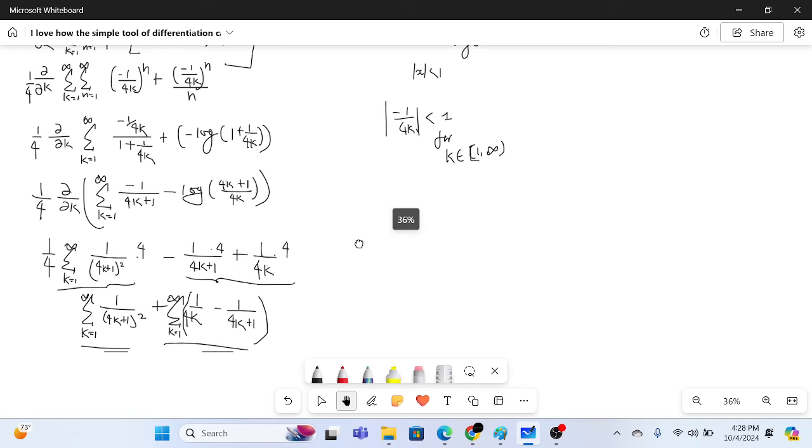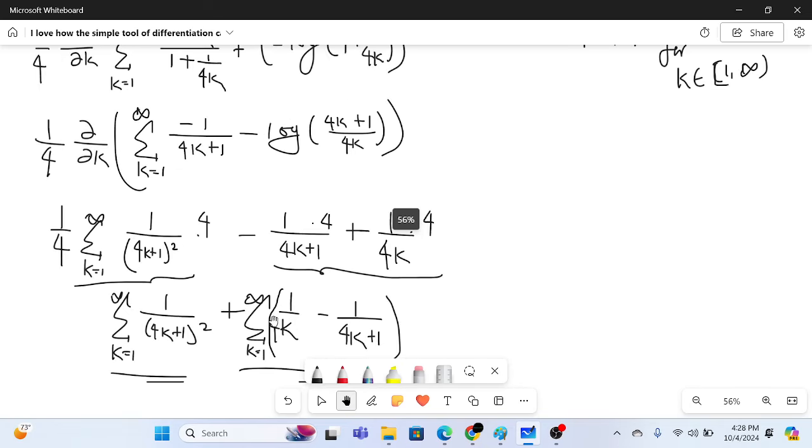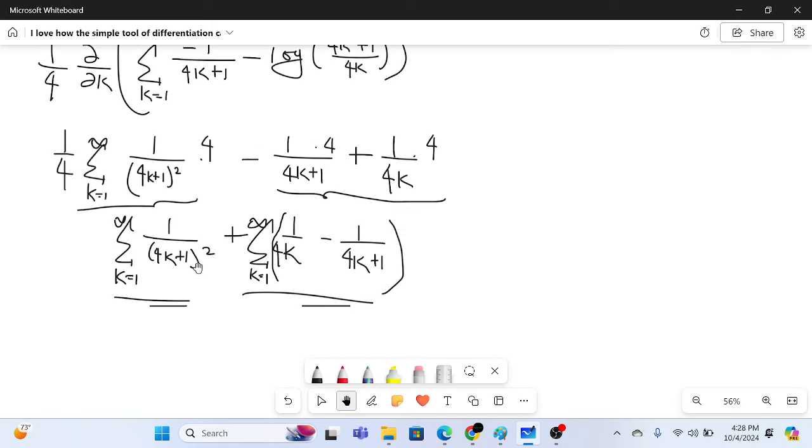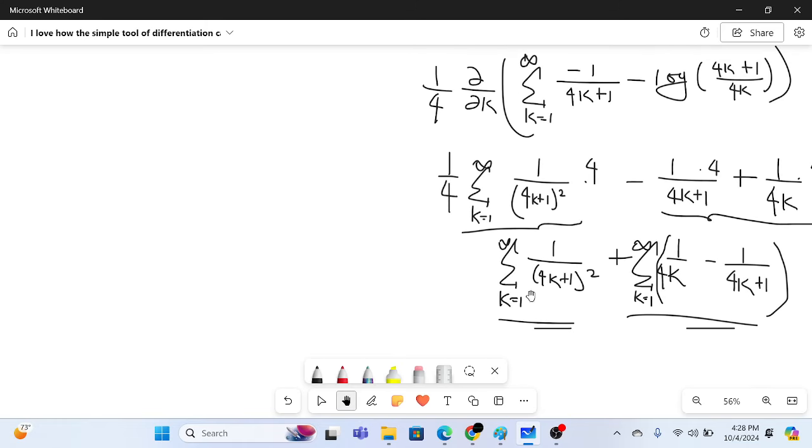And now why this abstract or vague answer? Because now these are well-known sums with well-known answers, and their answers are a bit complicated. Now let's see how to evaluate these two well-known sums. It's not really hard. We already know the answer for this one, but let me show you how we find that.